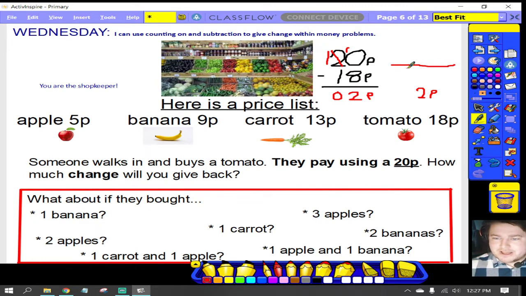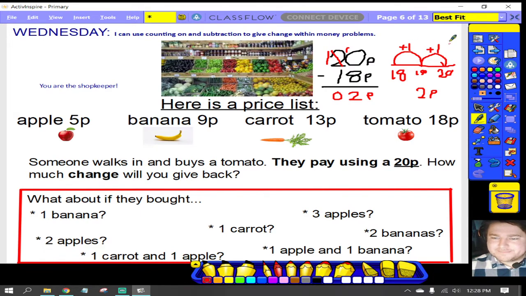Let me show you on the number line. Here we are. 18. We need to get to 20. 19, 20. That would be add 1, add 1. There we go. 18, add 1. 19 would be here, wouldn't it? 19, add 1.